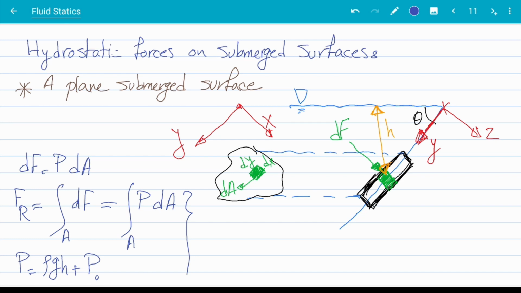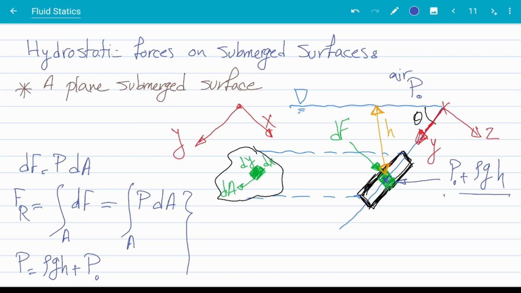Let's say here we have air and it has a pressure of its own. We call it P0. So the pressure here on the green element is going to be the pressure of the air, P0, plus the pressure of the column of the liquid on top, which is rho g h, right? So pressure is rho g h plus P0.